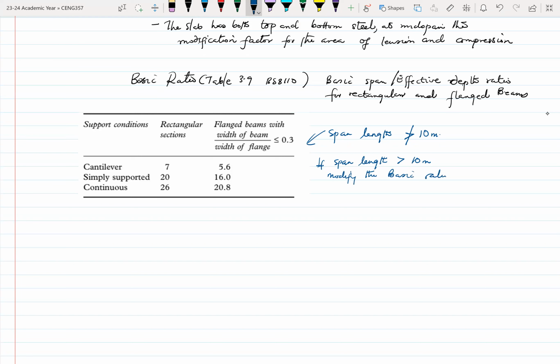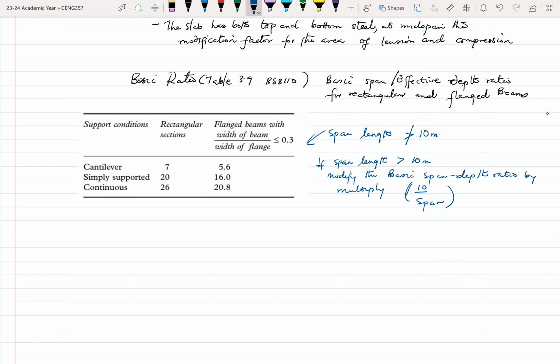Okay, and how do we do that? On the basic span to depth ratio, we modify it by multiplying whatever value we get over here by 10 over the span.